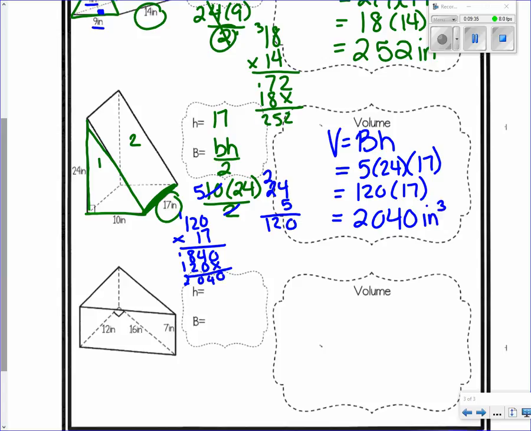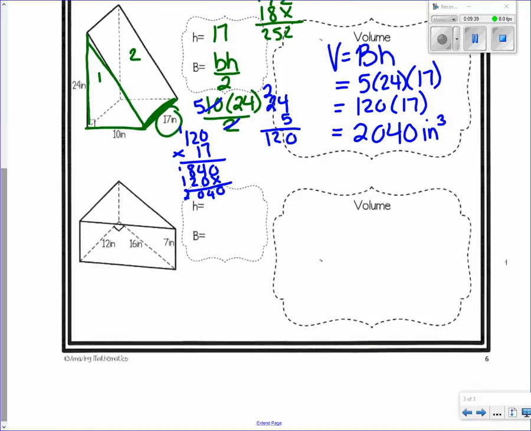Okay, so I don't know if you've noticed, but as Ms. Nelson and I have been going through this, we've been doing some strategies, and I just want to point those out. One thing we're doing is we're marking the bases as we go, so that there's no doubt when we get over there which one is the base. So if you have a highlighter, get in the habit of doing that.